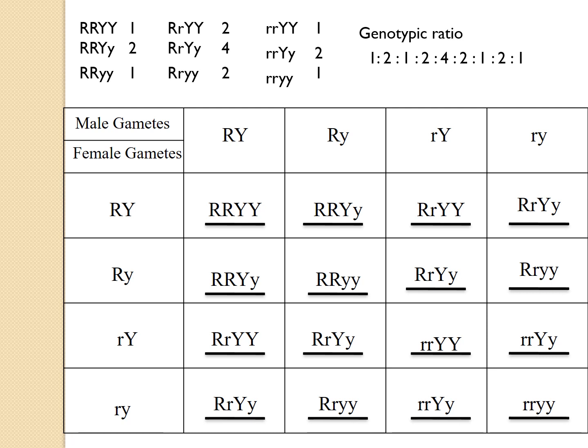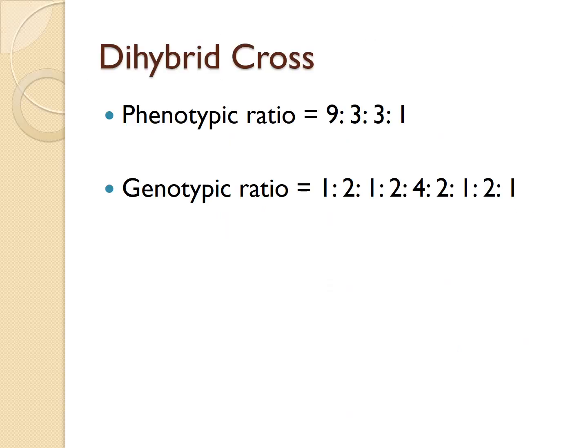So when you're solving similar examples, you will be able to understand this dihybrid cross properly. When you practice it more, you get used to it. And dihybrid cross is where I have phenotypic ratio to be 9:3:3:1 and genotypic ratio is 1:2:1:2:4:2:1:2:1.